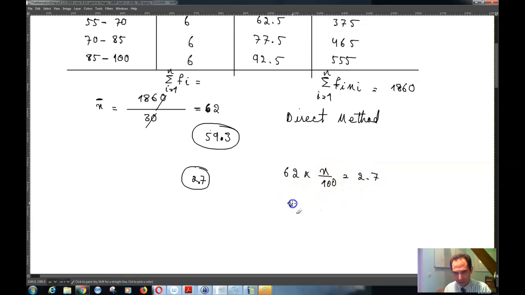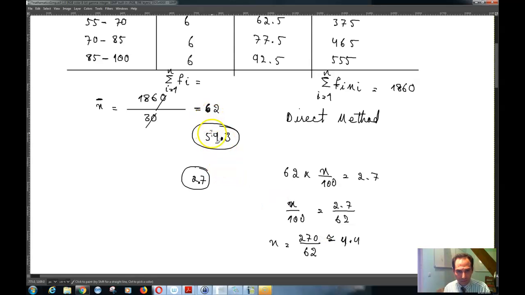So x divided by 100 is equal to 2.7 divided by 62. And if I multiply by 100, I get x equal to 270 divided by 62, which is around 4.4%.